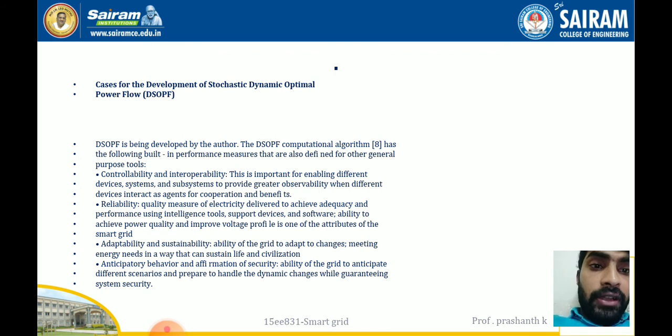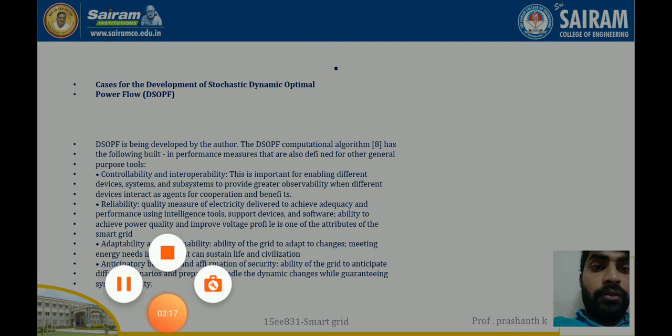Anticipatory behavior and affirmation of security: the ability of the grid to anticipate different scenarios and prepare to handle dynamic changes while guaranteeing the system security, right? So this is the DSOP technology, the case for the development of stochastic dynamic optimal power flow, right?